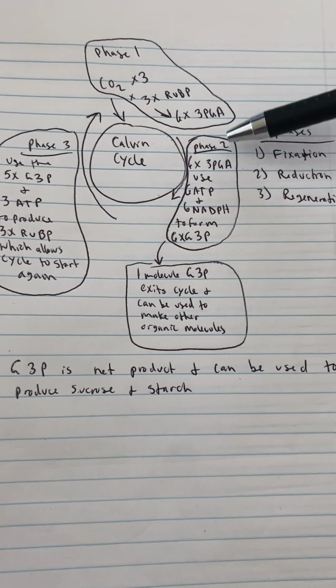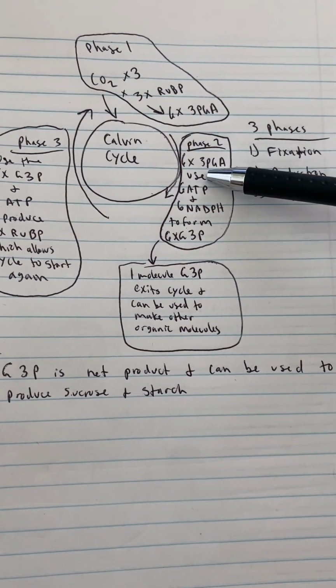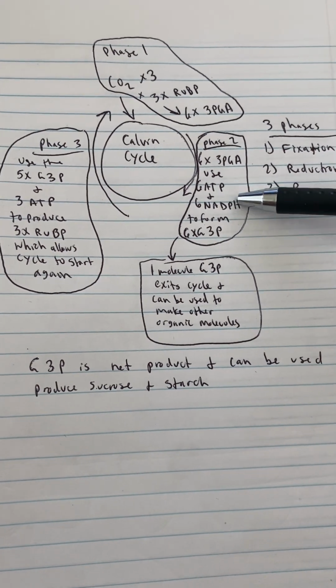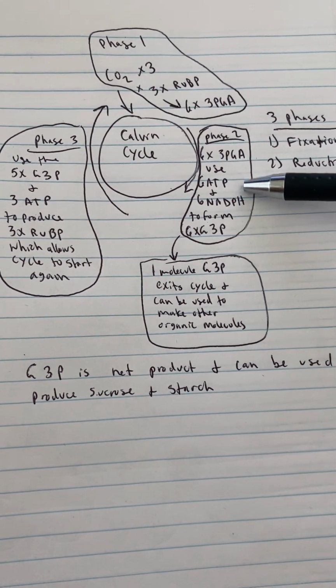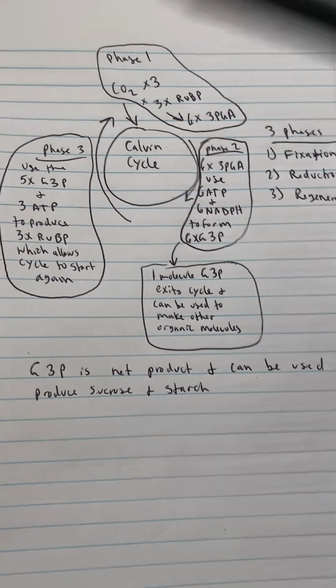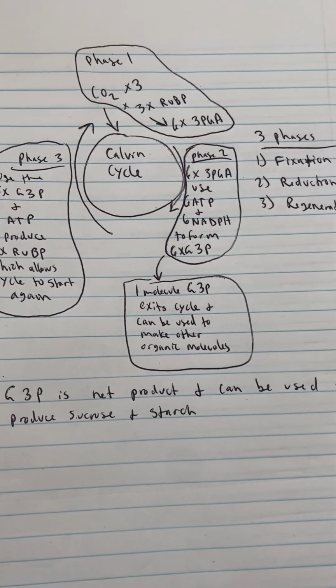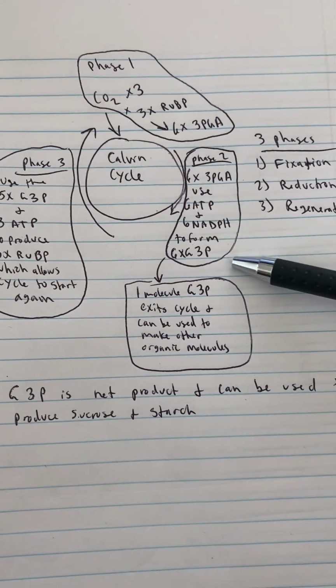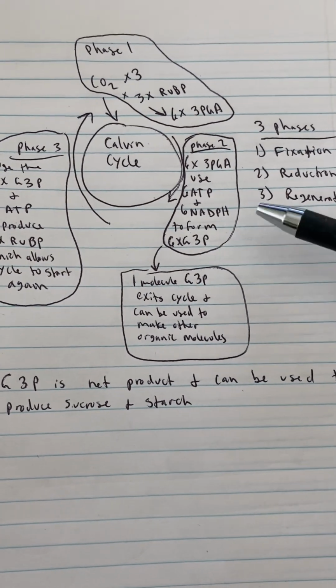In phase 2, the 6 3-PGA is going to use 6 ATP and 6 NADPH. And where do we get those? They came from the light reactions that we just talked about. Remember, those were the outputs of that, to form 6 G3P.